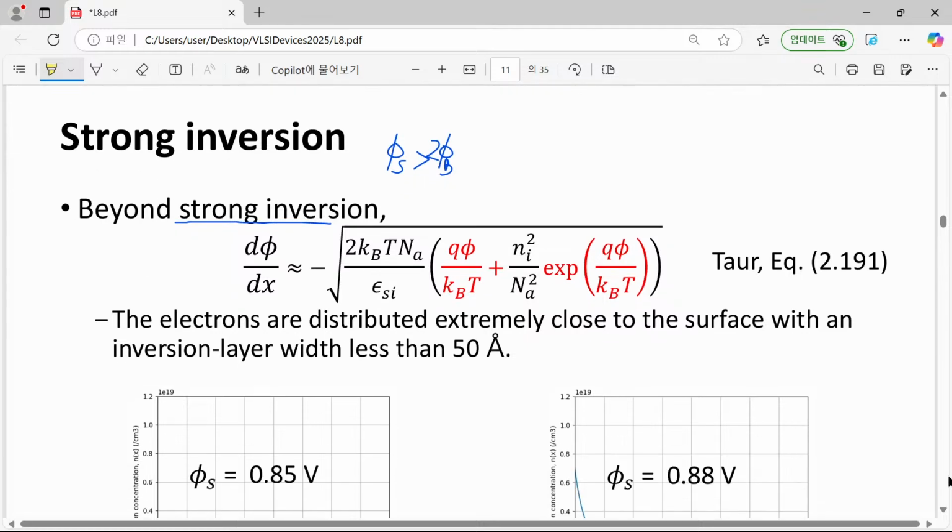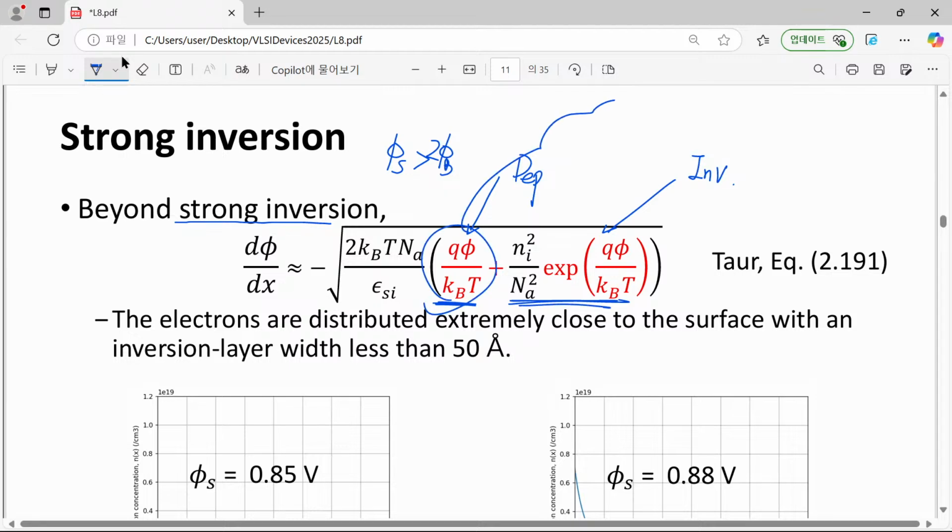So now we must keep these two terms. One is this one and another one. This one is still related with the depletion, and this one is related with our inversion related quantity. So maybe you can ask me, oh, if that is so important, why don't you just kick it out? It is not possible, because we must still keep this depletion charge.